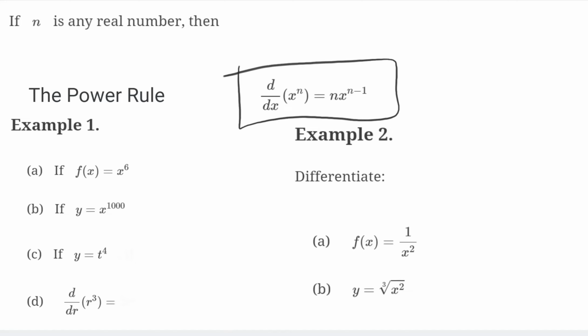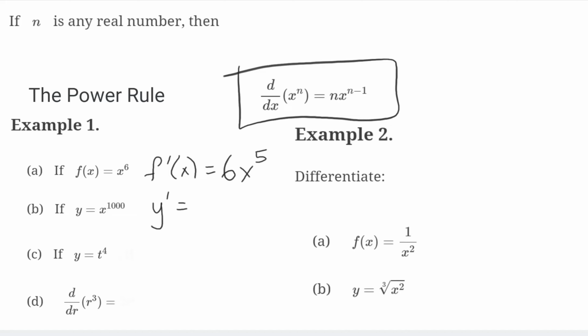If we look at this example right here, we have x to the 6th. My derivative of that is going to be 6x to the 5th, because I'm moving the 6 down in front and subtracting 1 from the exponent that was there. So y equals x to the 1,000.